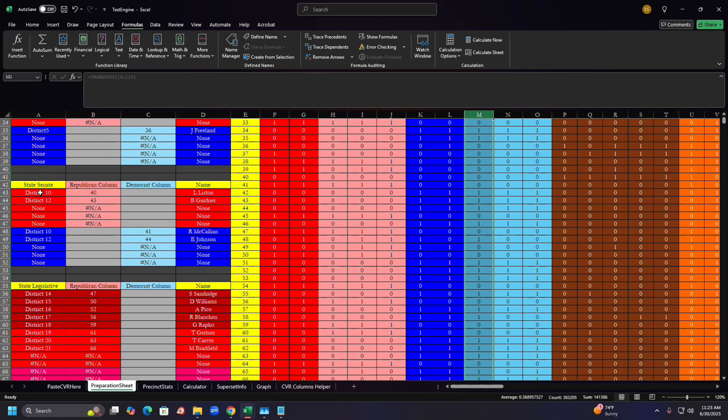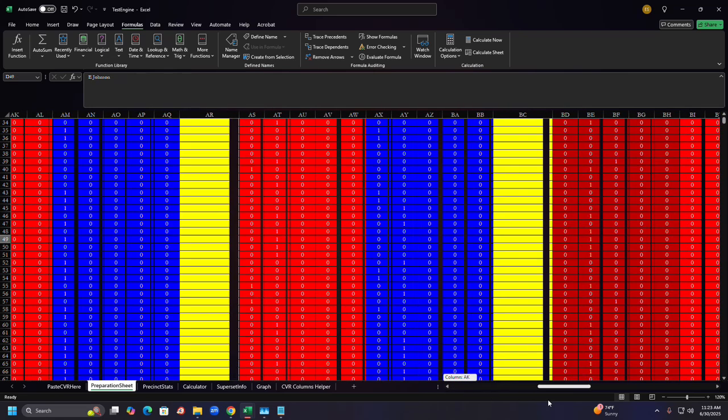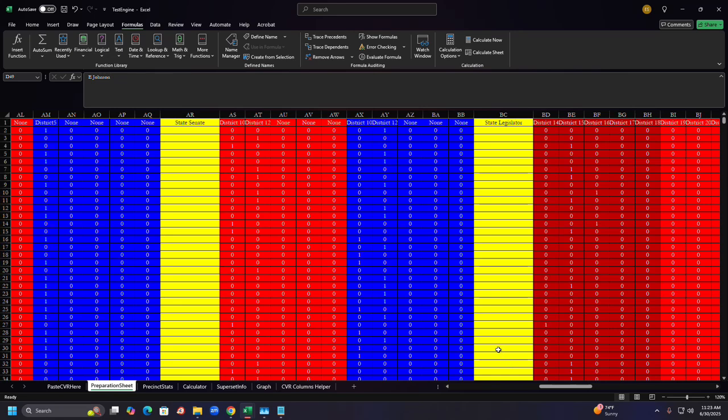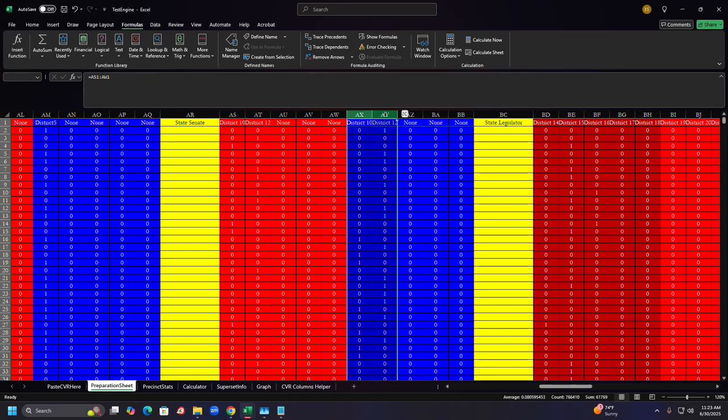So you'll see that here with the state senators. So the Republicans are in columns 40 and 43, Liston and Gardner. Then you have the Democrats are in columns 41 and 44, McCallion and Johnson. Okay? So for the state Senate races, you'll see that District 10 and 12 for the Republicans are here, and District 10 and 12 for the Democrats are here.